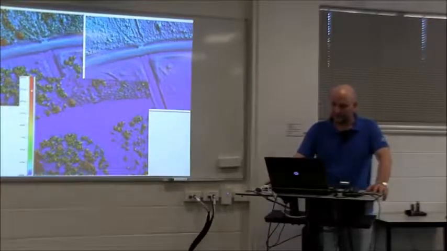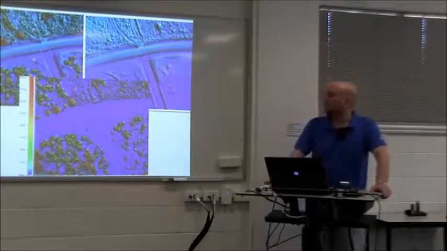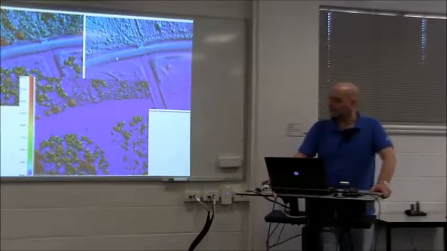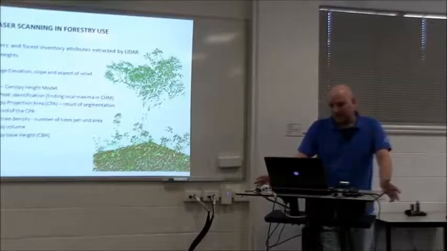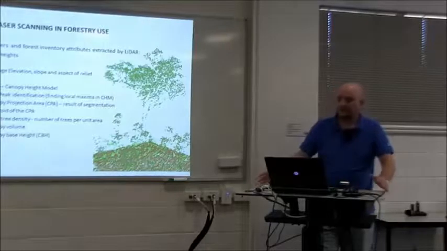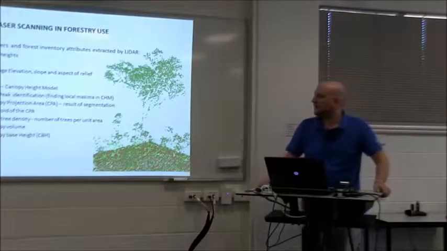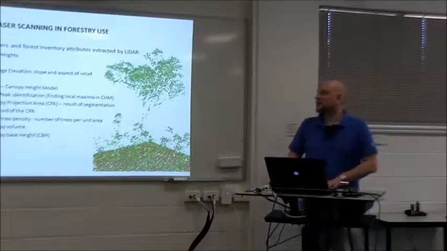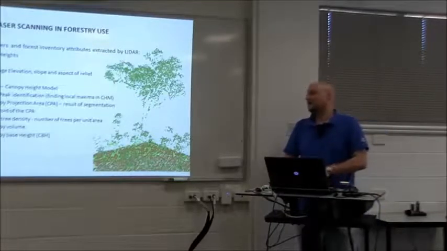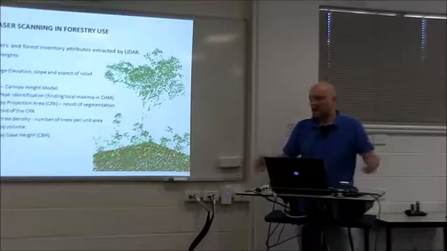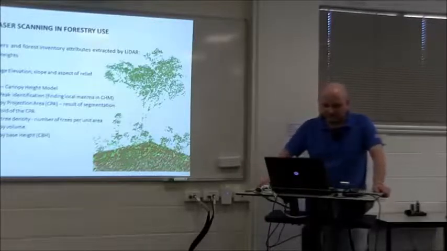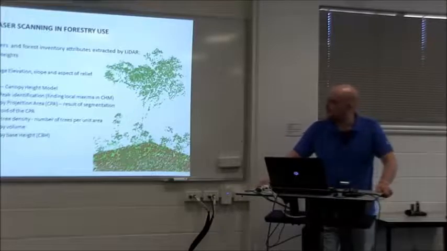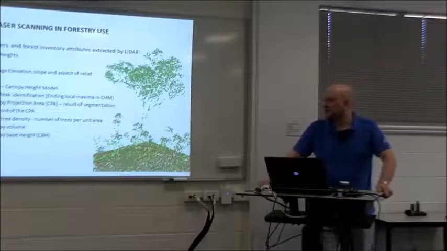This is again the difference between digital surface and digital terrain models. To finalize, laser scanning, by extracting the tree heights, gives us the opportunity to measure directly, basically indirectly, most of the attributes related to a tree, individual tree, single trees, or related to the canopy.